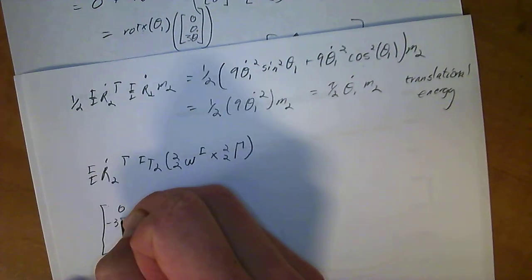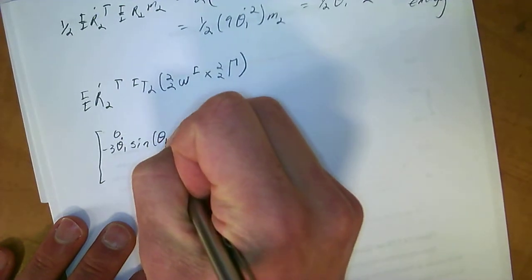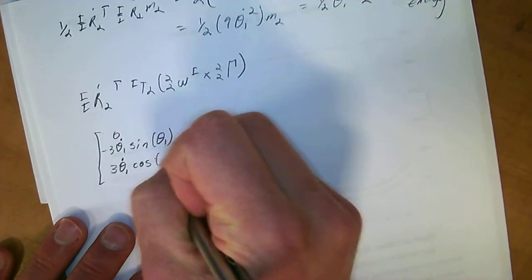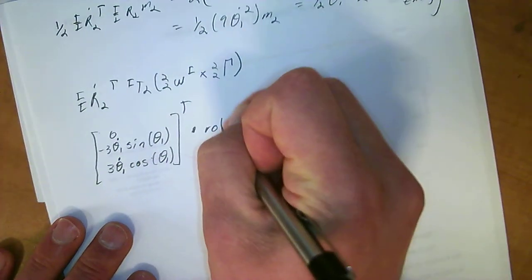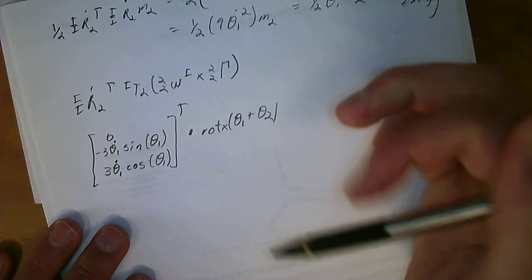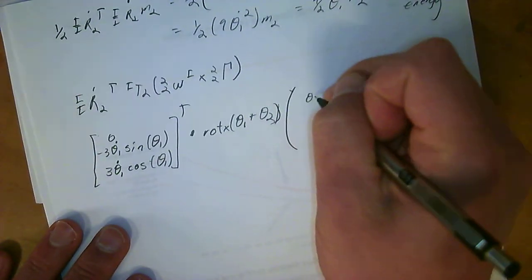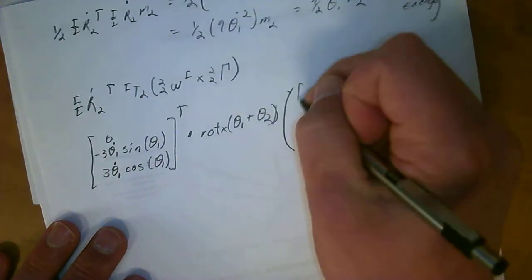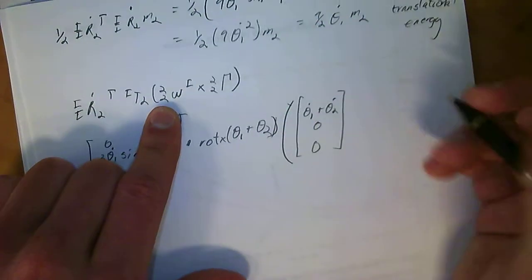And this is going to be equal to 0, -3 theta 1 dot sine of theta 1, 3 theta dot 1 cosine theta 1 transpose times rho x of theta 1 plus theta 2 all times theta 1 plus theta 2 dot, 0, 0, which is 2 omega I.